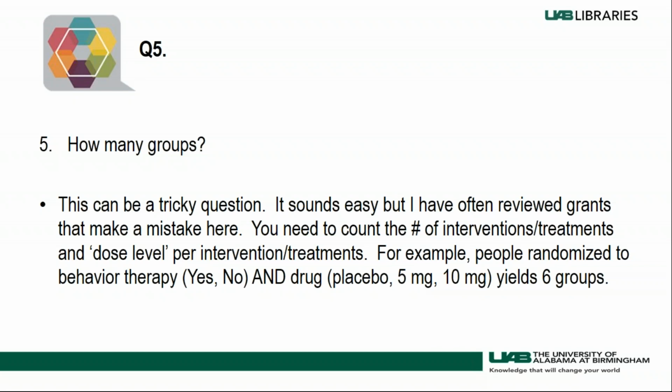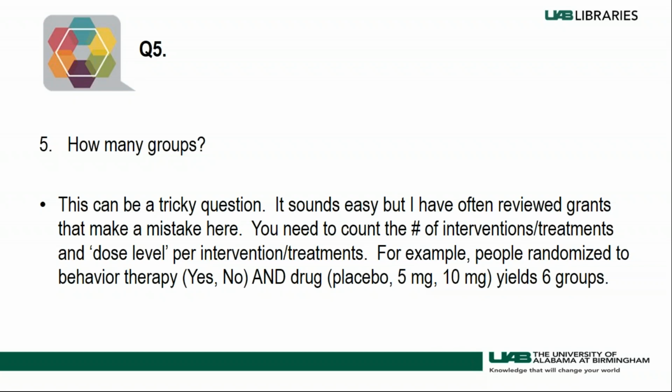So going back to this example, you need to count the number of interventions or treatments you're using and dose level. I put the words dose level there because it helps people reason it out. Like a behavioral intervention, usually you get it or you don't. That's full dose or no dose.